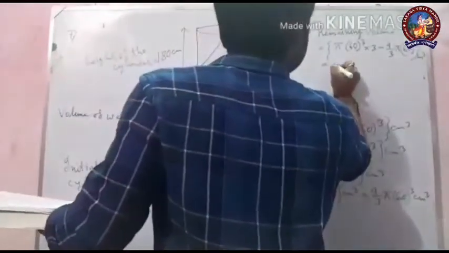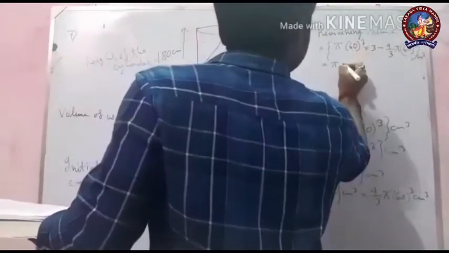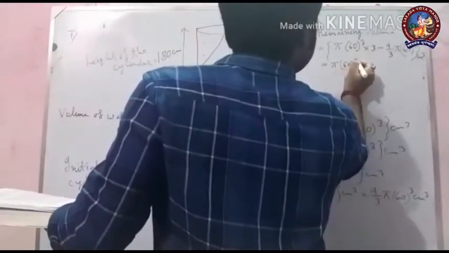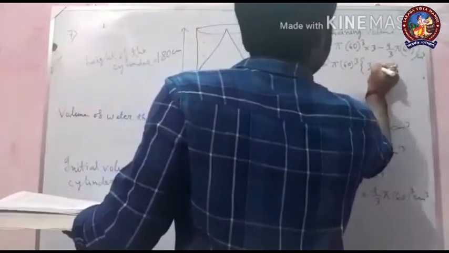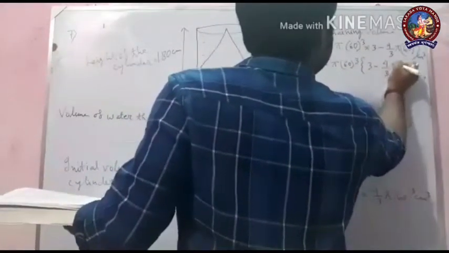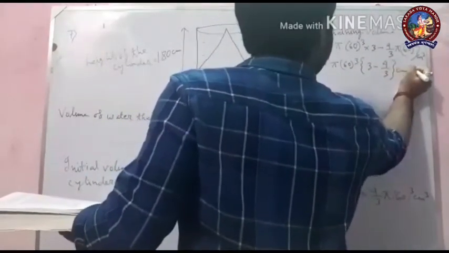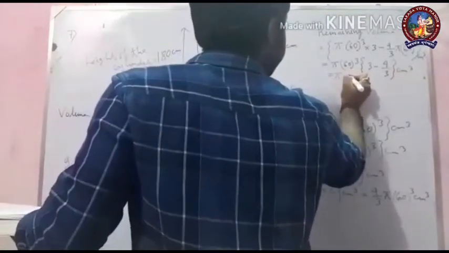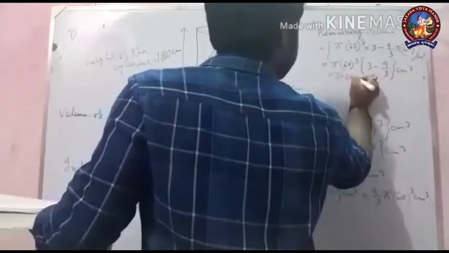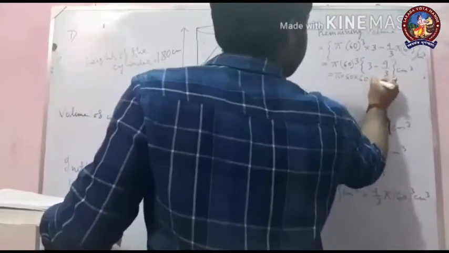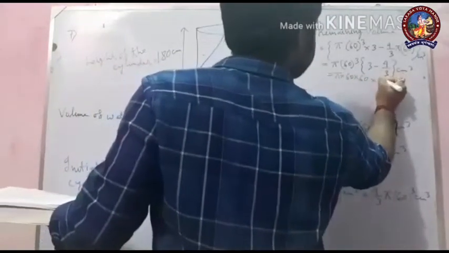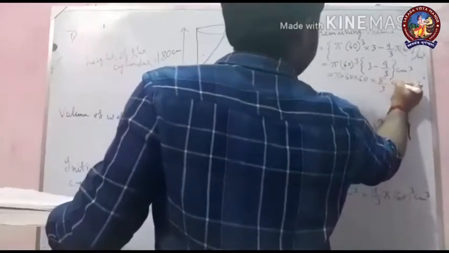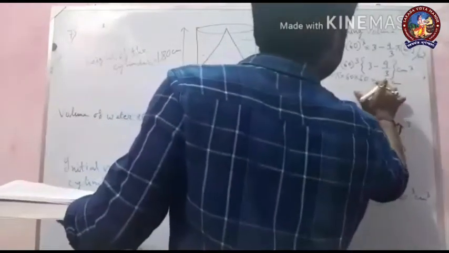Okay, that is, take pi into 60 cube common, is 3 minus 4 by 3, pi into 60 into 60 into 5 by 3 centimeter. Sorry, here will be another 60.